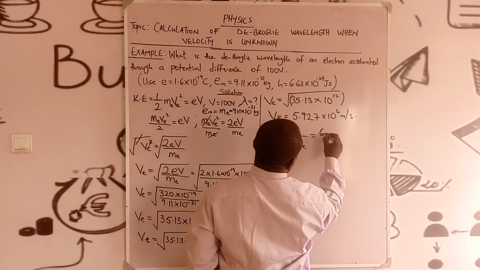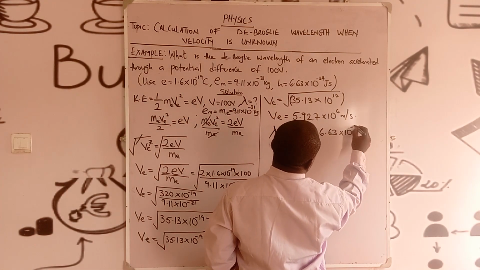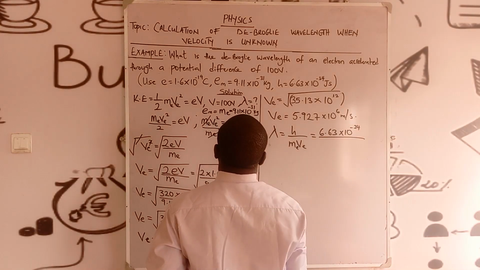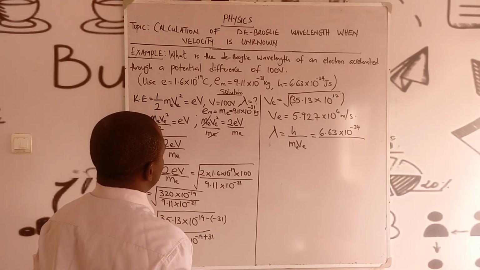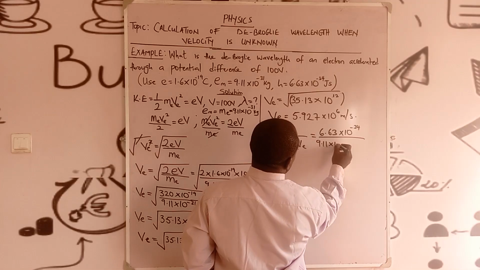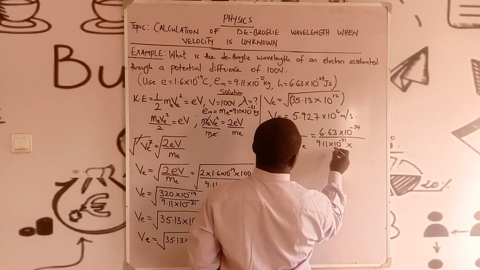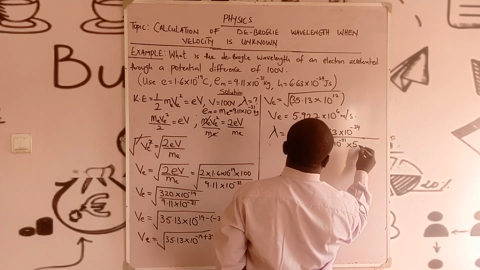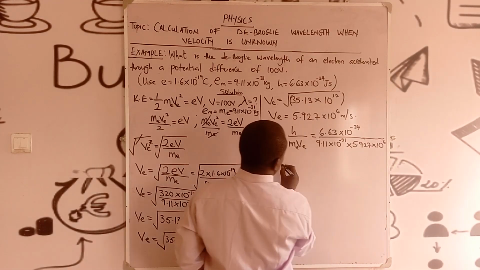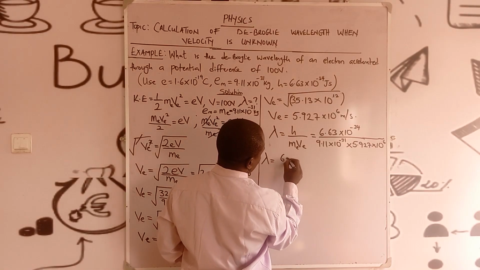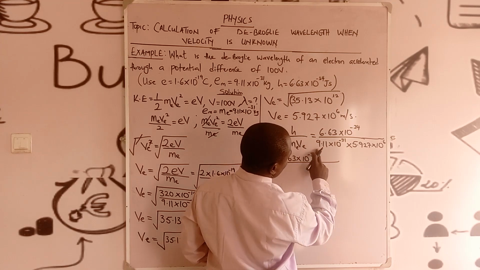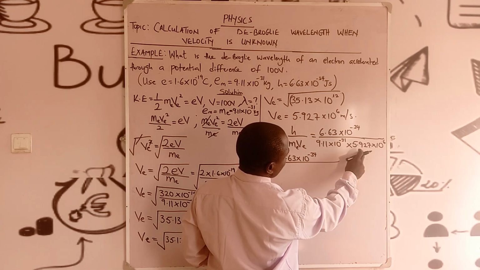The Planck constant is 6.63 times 10 to the power minus 34, divided by the mass of the electron, which is 9.11 times 10 to the power minus 31, times the velocity of the electron, 5.927 times 10 to the power 6. The de Broglie wavelength equals 6.63 times 10 to the power minus 34 over 9.11 times 5.927.